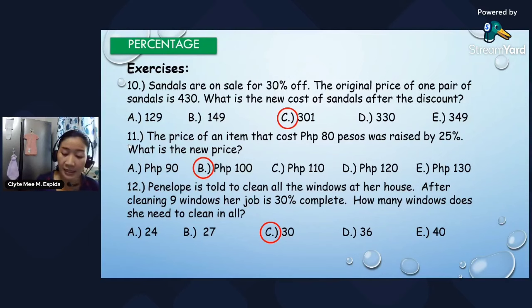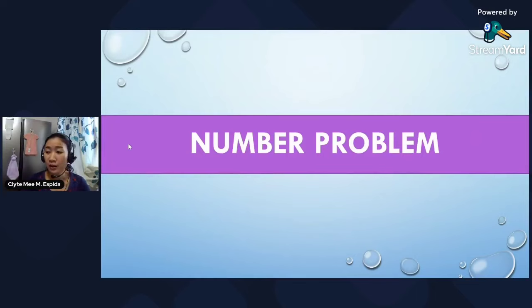So we're going to discuss number problems and the answers doon po sa ating Google Forms. So I wish you have enjoyed the morning session or you have learned something kahit kaunti na maalala nyo pagdating ninyo sa actual exam.